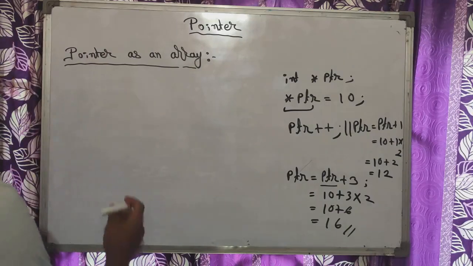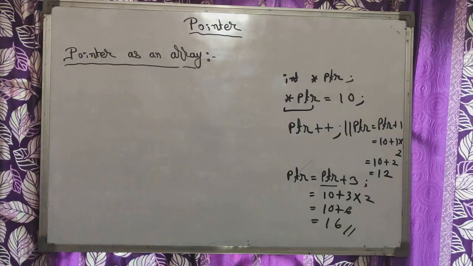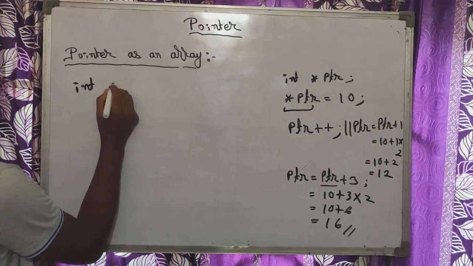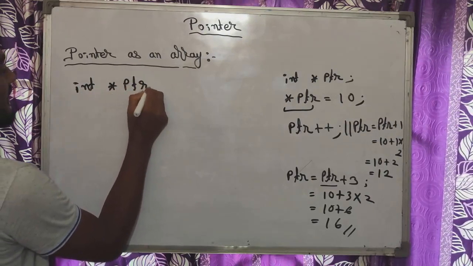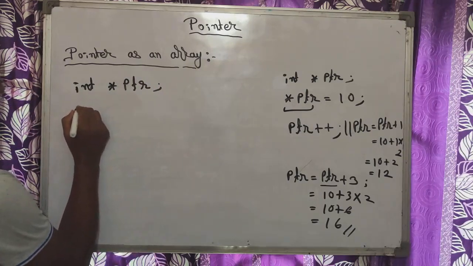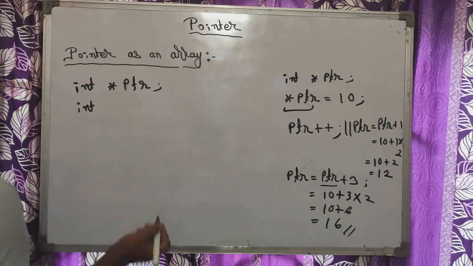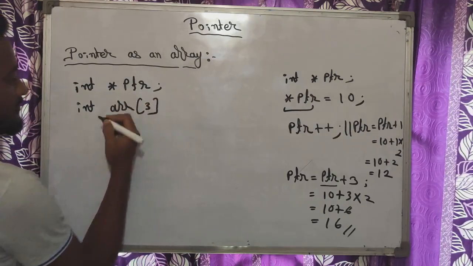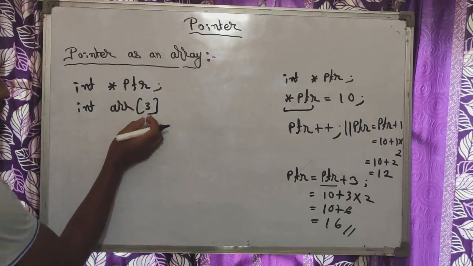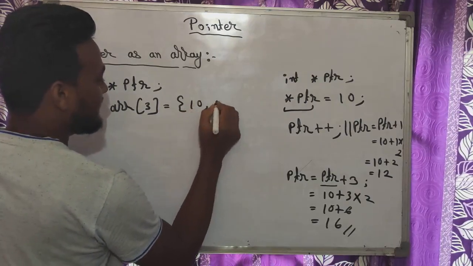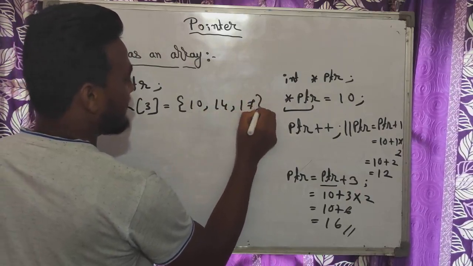Let's take one example of this pointer and array, okay? So suppose I am declaring here a pointer variable, that is *ptr, and I am also declaring a variable, say integer arr. We are declaring an array variable of size 3 and we are assigning some values, suppose 10, 14 and 17.